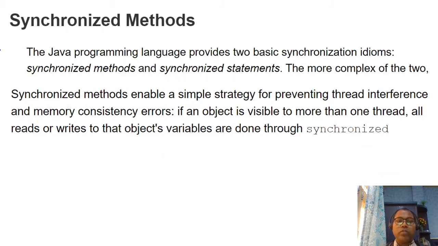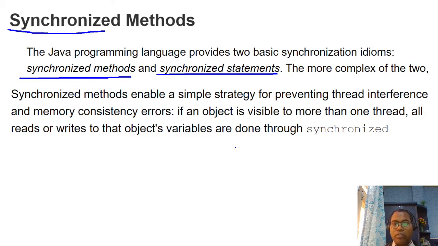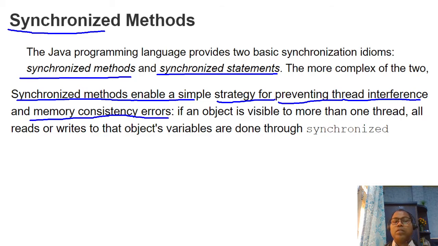So please be sure synchronization has two modes. One is method level synchronization, another is statement level synchronization. A statement block is a set of lines of code you want to restrict so that only one thread at a time can access. So synchronized methods enable a simple strategy for preventing thread interference and memory consistency errors.